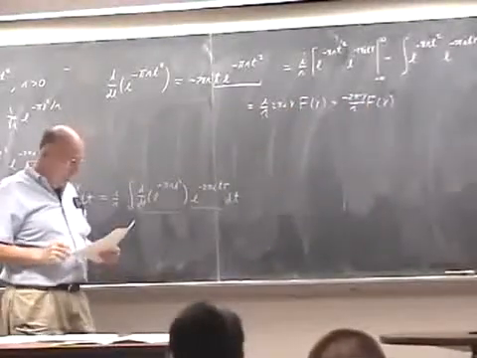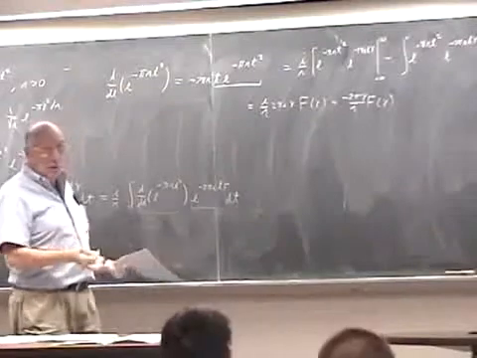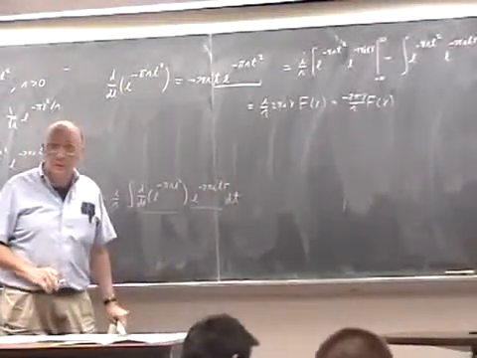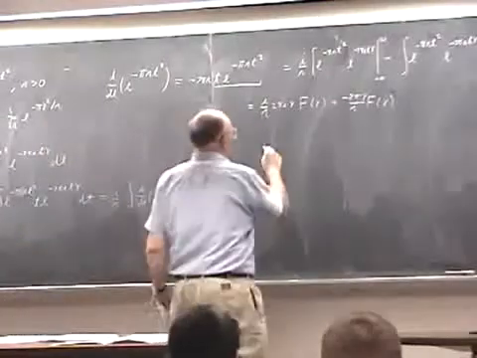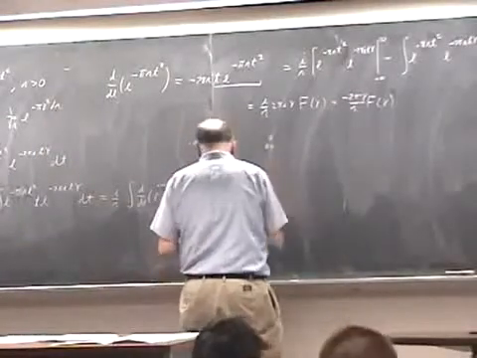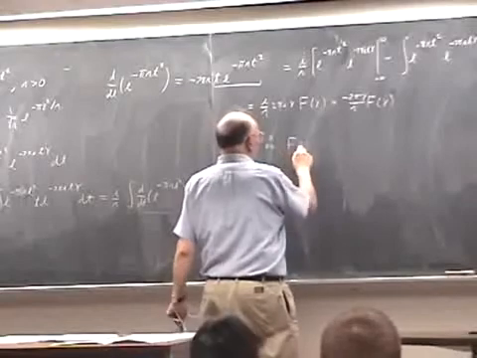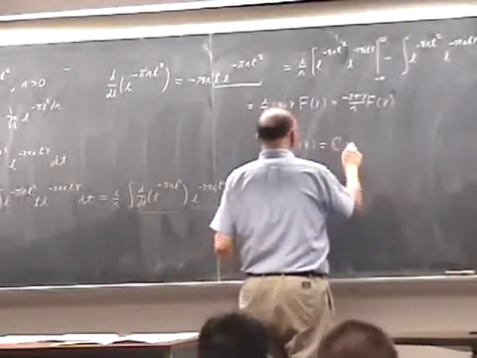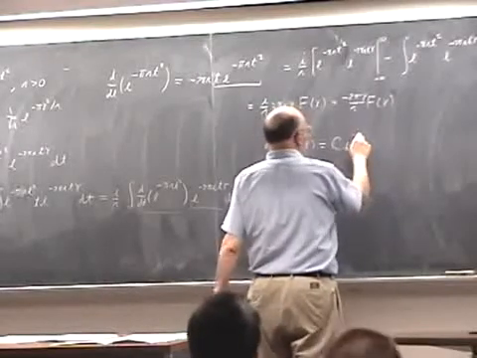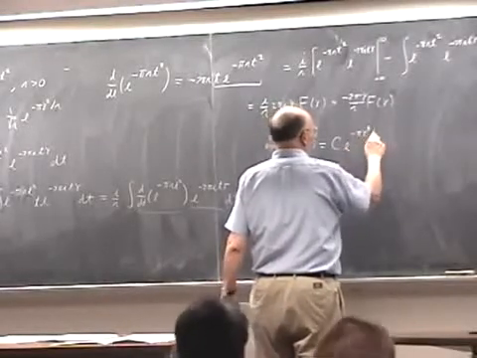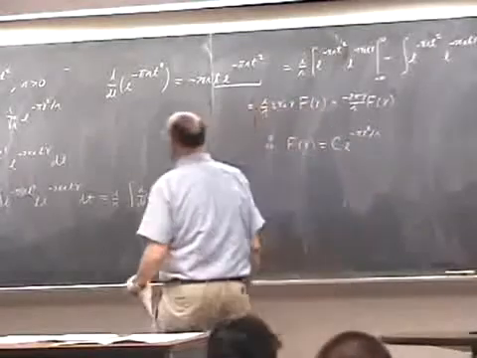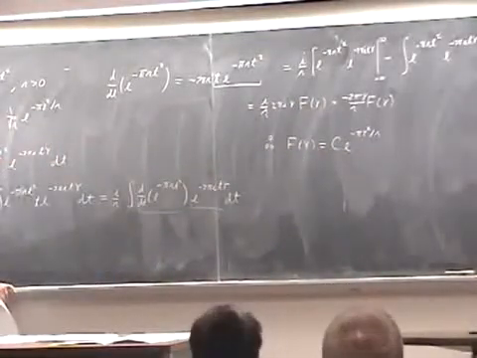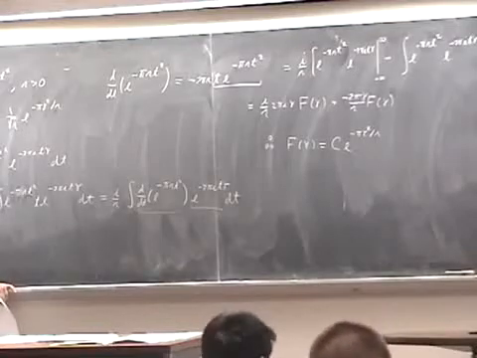And so that solution, from the way you solve it in wherever you went to school to take undergraduate differential equations, that solution is therefore f of gamma is equal to c e to the minus pi gamma squared over R.